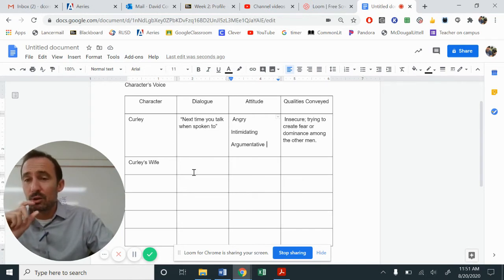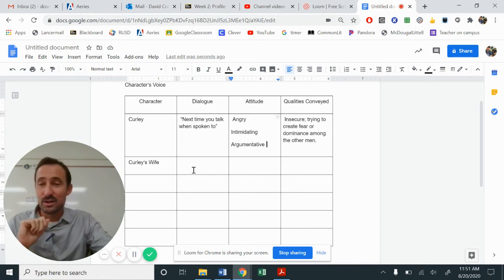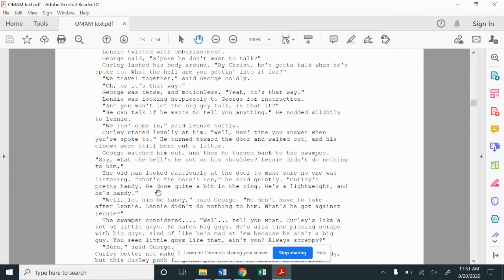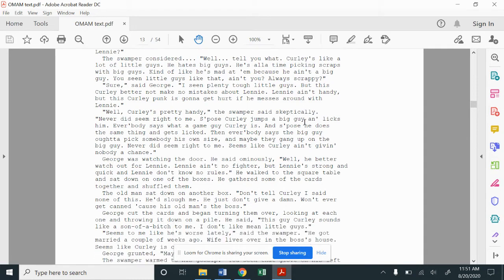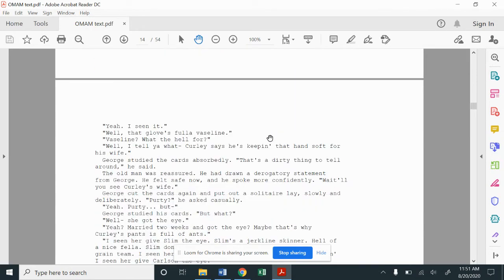So let's take a look at Curly's wife. We're introduced to Curly's wife in chapter 2. I love her introduction. Let's go back over to our draft. Curly leaves, and only moments later does Curly's wife come into the picture.